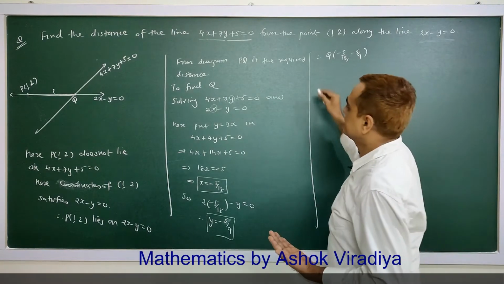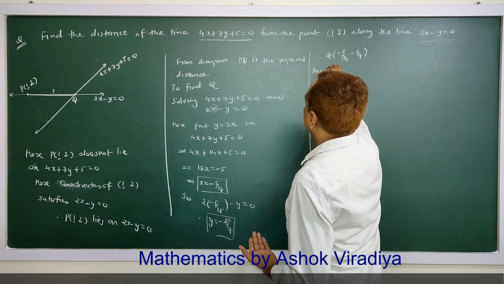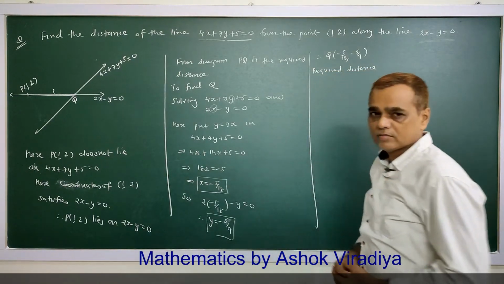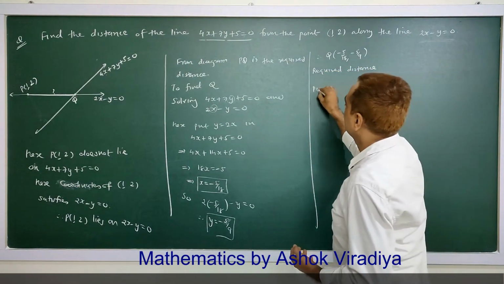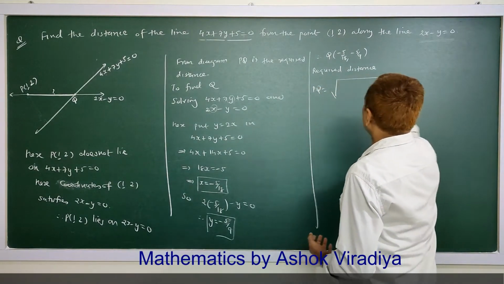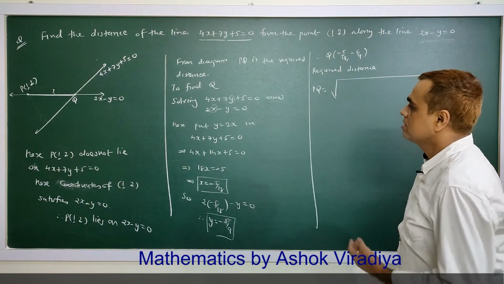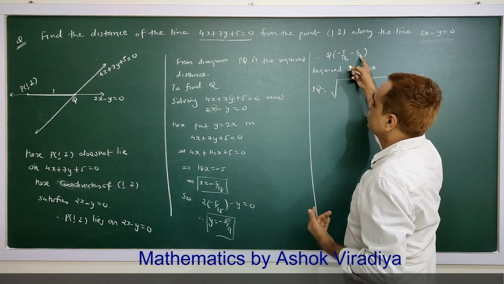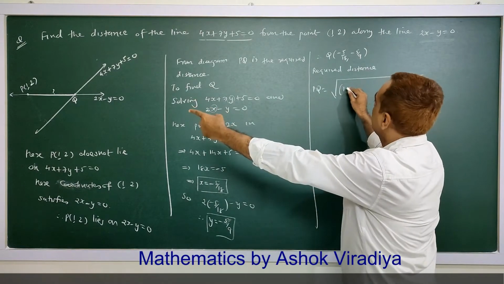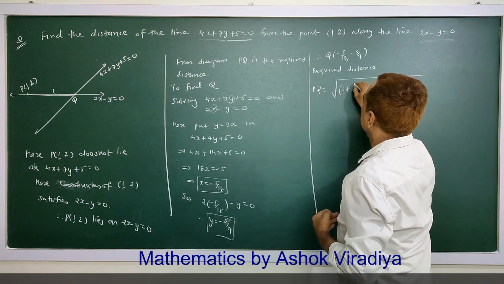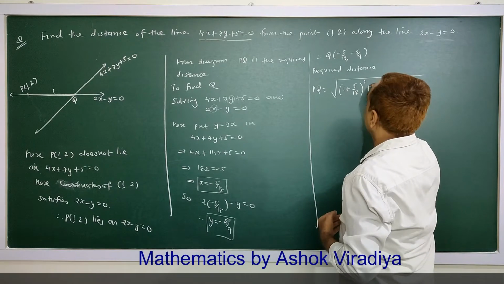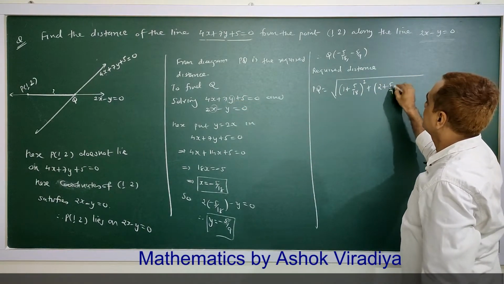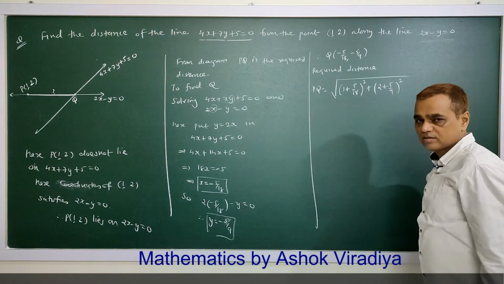And required distance PQ is equal to square root of, using distance formula, P is 1, 2, this is Q. So x1 minus x2 whole square plus y1 minus y2 whole square.